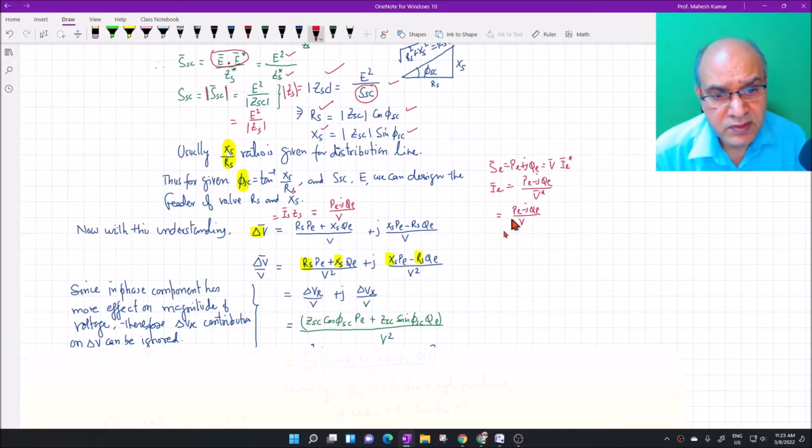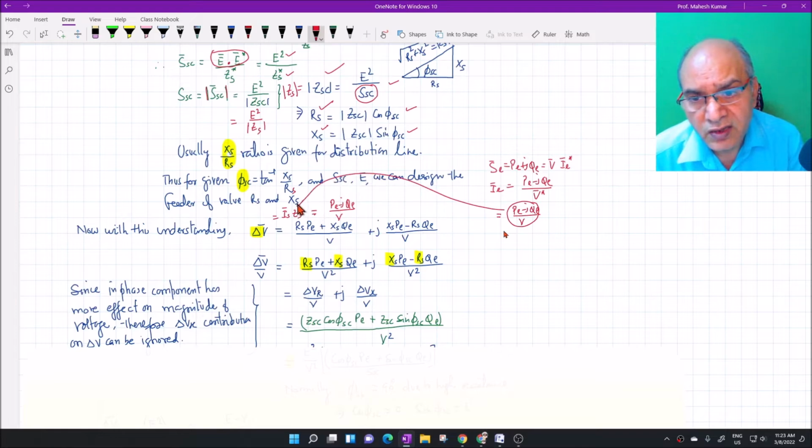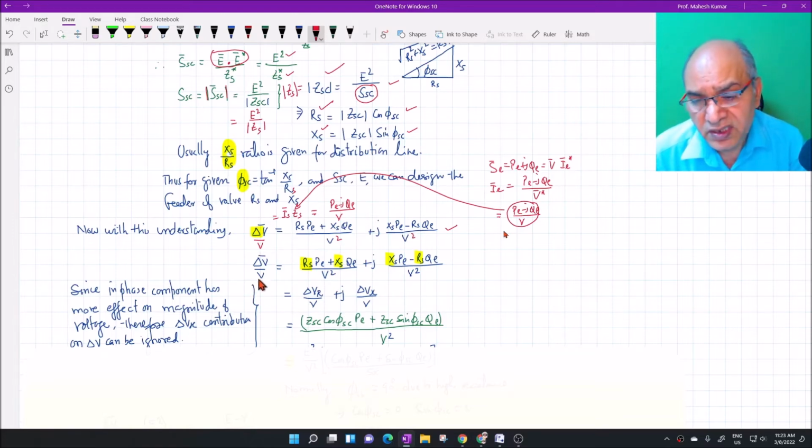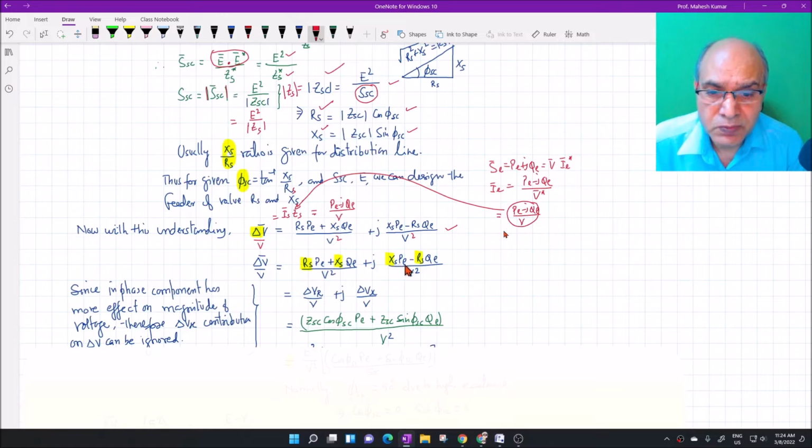And we have replaced the current here in terms of these parameters and solved it. Then we found this is the value of delta V. We divide it by V again. So delta V by V here, and then V square and V square. So this equation becomes delta V by V as RS into PL plus XS QL by V square plus J XS PL minus RS QL by V square.